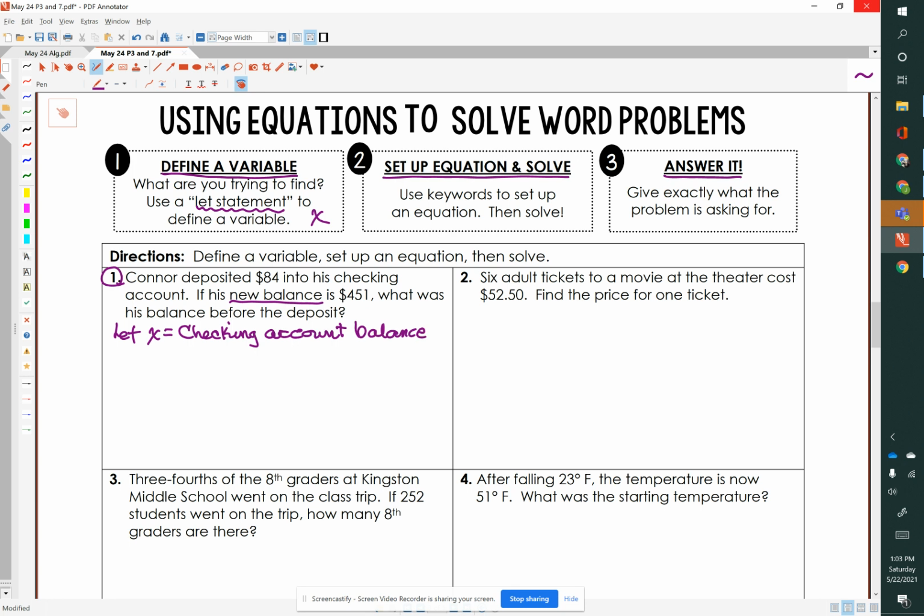And so it says his new balance is $451. Students, when I see the word is, I often think of the word equals.